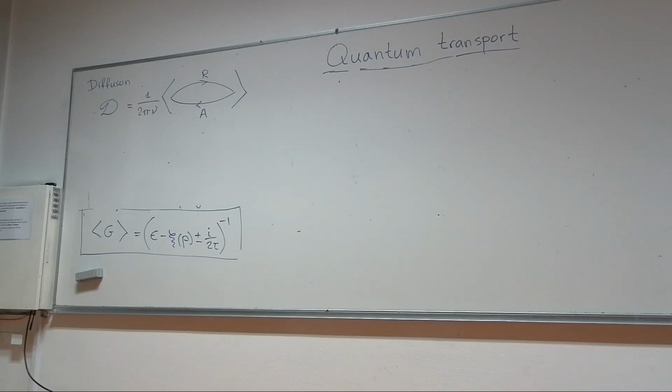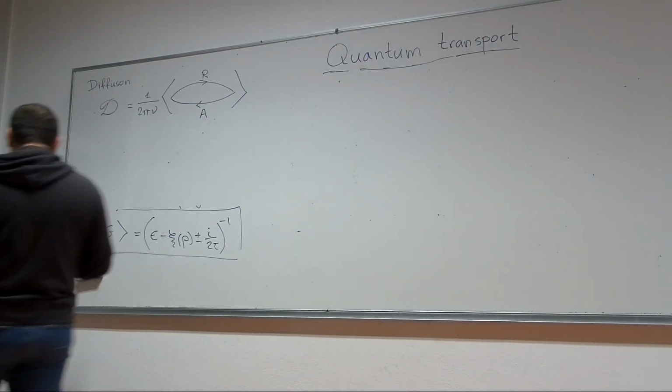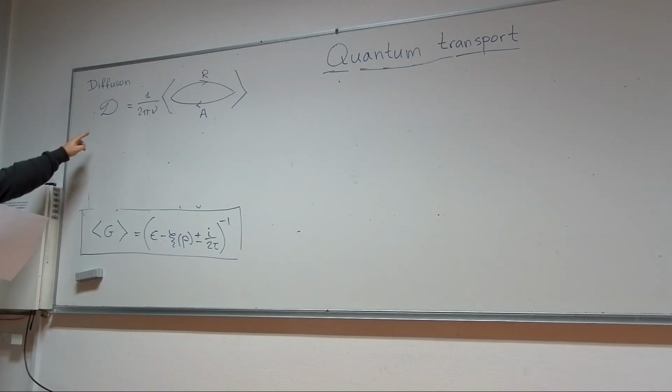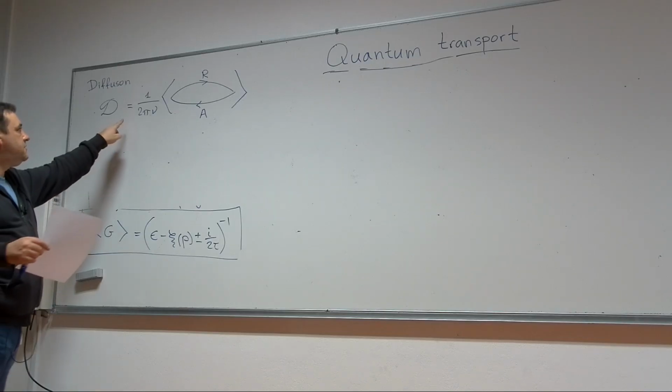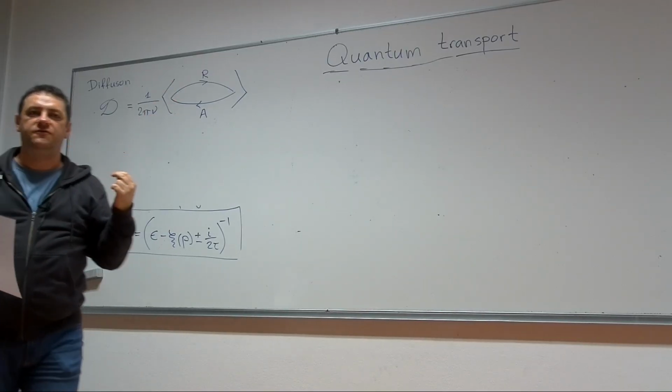It's called the Kubo formula. It's some part of quantum mechanics, how to derive it. But you can believe me that it's correct. There are many textbooks on quantum mechanics that discuss what the Kubo formula is. So, once again, the propagator of the diffusion equation is related to the average product of two green functions.